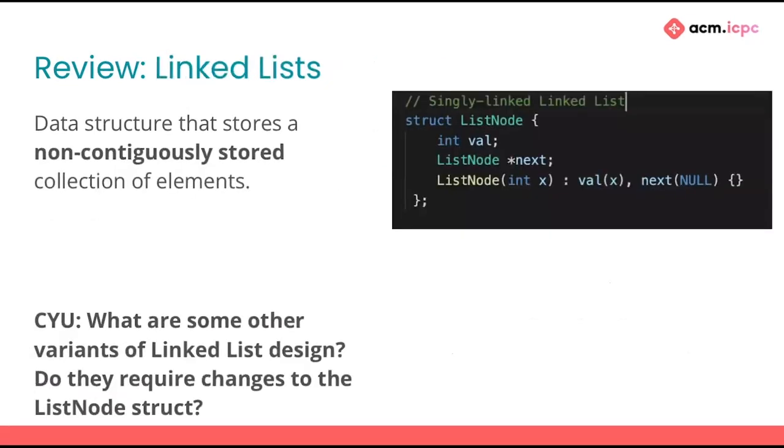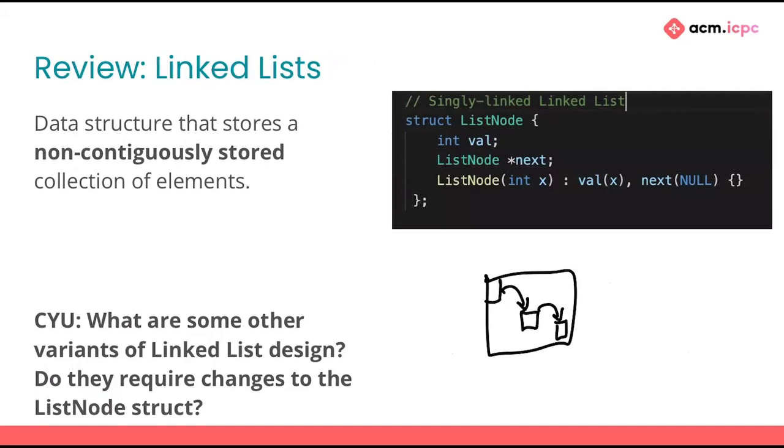So moving on to another data structure, we have linked lists. This is a data structure that stores a non-contiguously stored collection of elements. What this means is in memory, the elements of the list can be at any point, and all we have are arrows that point to where the next location is.